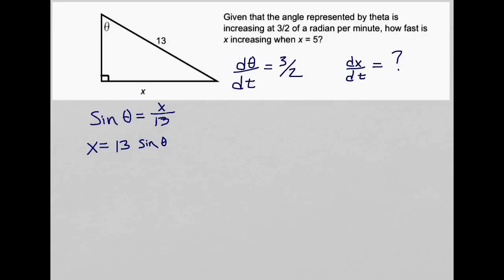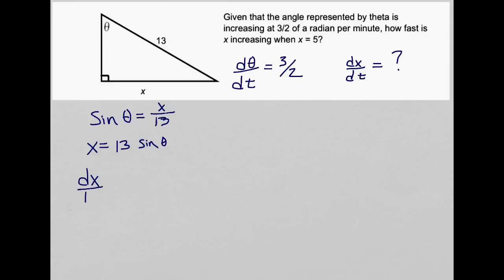Now that I have my equation, my rates, and my diagram, the next step is to differentiate implicitly. So we're going to take the derivative of x equals 13 sine theta with respect to time. If I take the derivative of x, I'm going to imagine that x is some function of t, so the derivative of x is just going to be 1 dx dt.